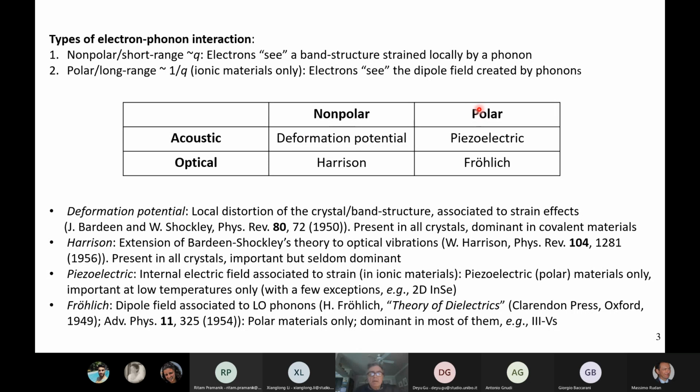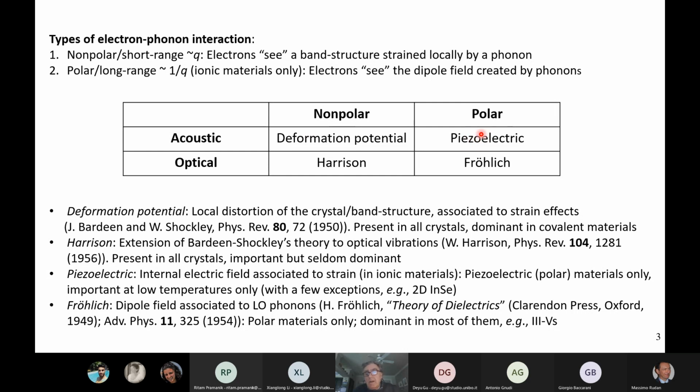On the contrary, there are also long-range interactions, and these happen in materials which are clearly ionic, polar, in which optical phonons generate a dipole field, and it is this interaction between the electrons and the long-range dipole field that causes the interaction that we'll discuss later on, the Froelich interaction. There can be also a polar interaction between electrons and acoustic phonons.